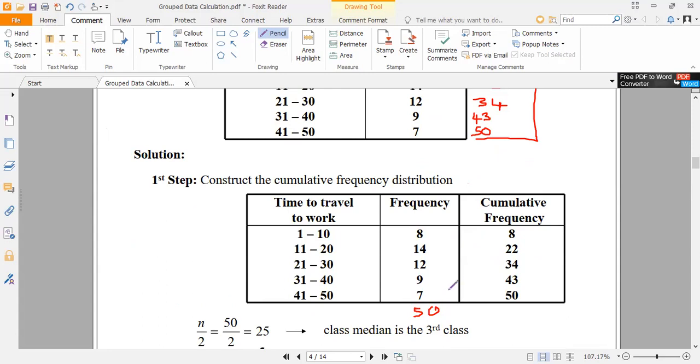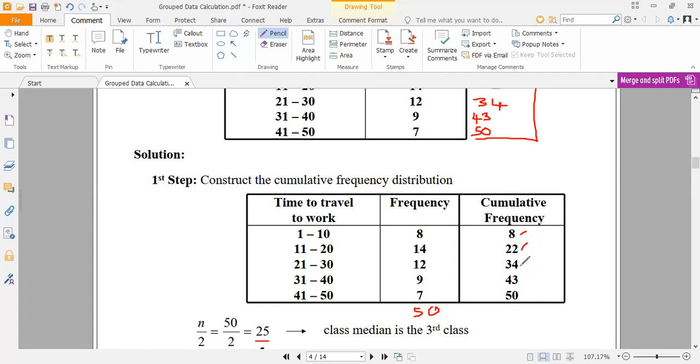So to find the median, firstly, we find half of 50. What is half of 50? 25. So you go in the cumulative frequency column, you look for where 25 will fall in. Is there 25 here? No. Is there 25 here?